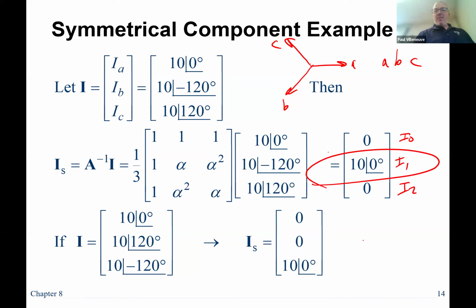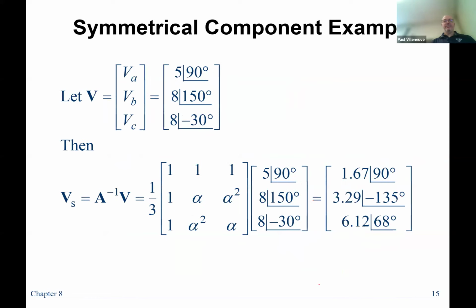If we swap that around and we have A, C, B here, isn't that the definition of negative sequence? Which means I should only get a parameter in the negative sequence value. So this gives me results that I expect. Hopefully that's what you expect, but that's what I expect.